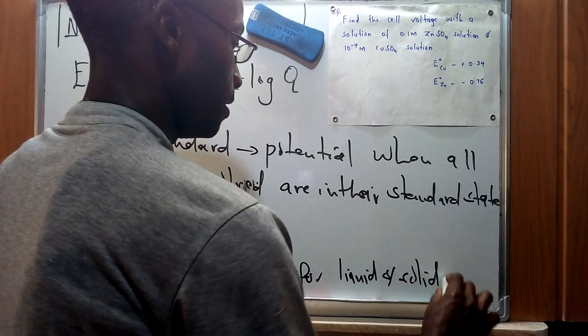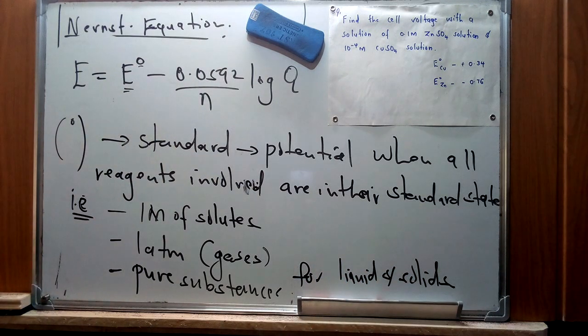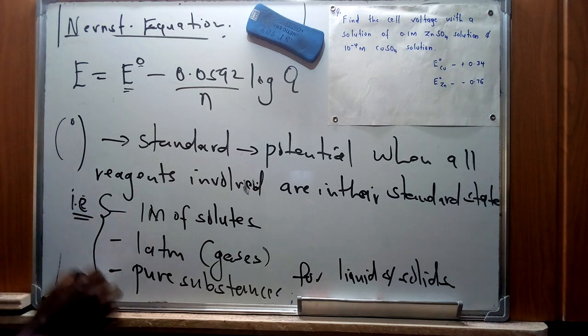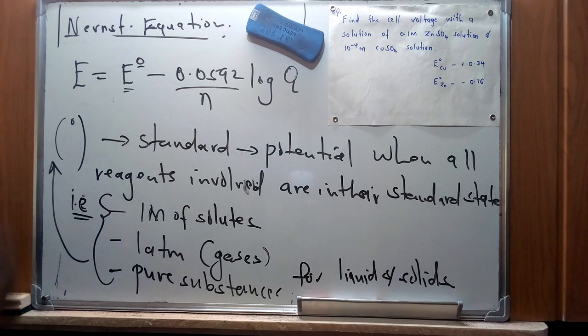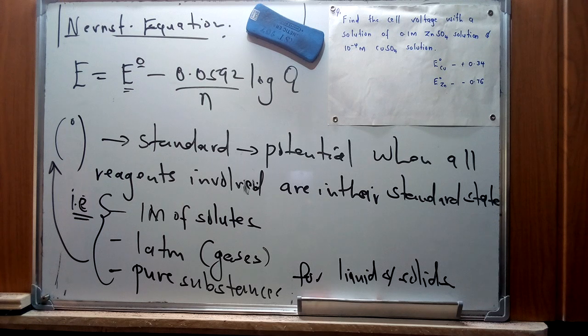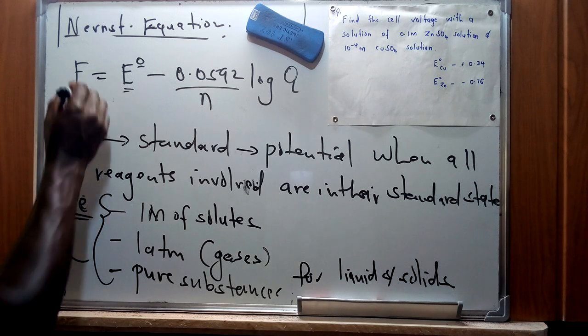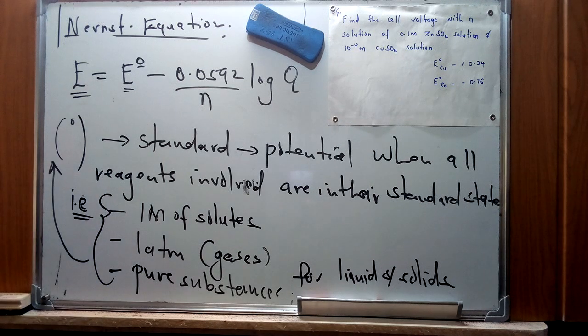So these are some of the conditions that we attach to the concept of standard whenever we're giving this denotation in that equation. But we're going to see that if the concentration or the pressure differs from these conditions, the potential will vary from the standard potential, and therefore the actual potential will not be denoted using that particular superscript.